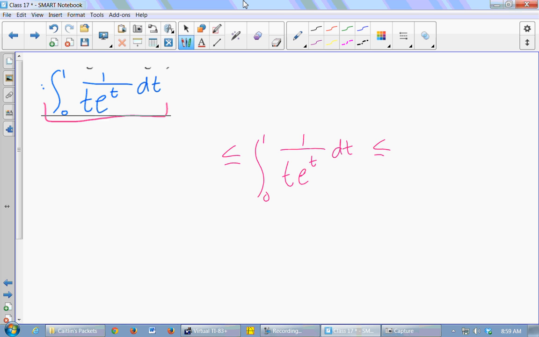Yes, the denominator will be bigger. If you have e to the 1, that's going to be bigger than e to any other value between 0 and 1. So this is going to be bigger than or equal to the integral from 0 to 1 of 1 over t times e.